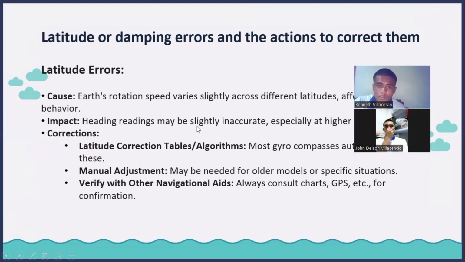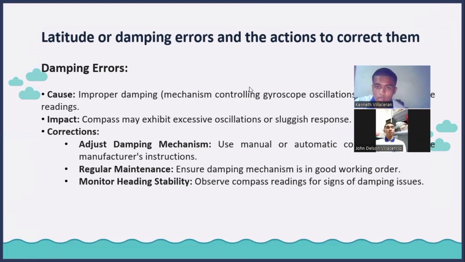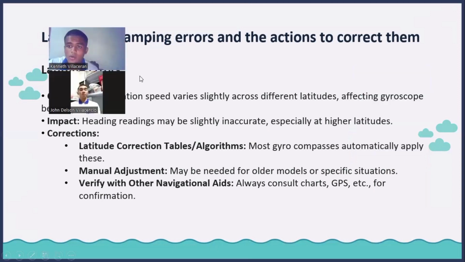Corrections: latitude correction tables and algorithms. Most gyro compasses automatically apply this. Manual adjustment may be needed for older models or specific situations. Next is verify with other navigational aids. Always consult charts, GPS, etc. for confirmation. So there are three corrections for latitude errors.